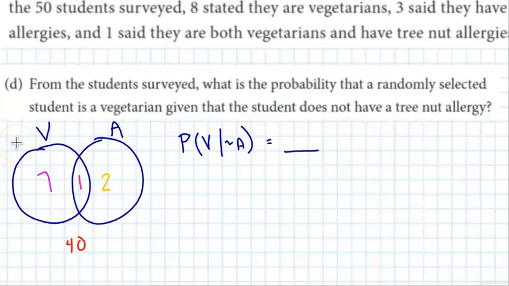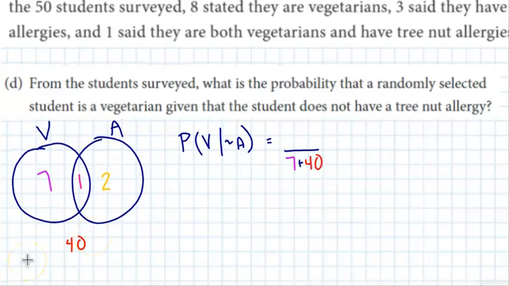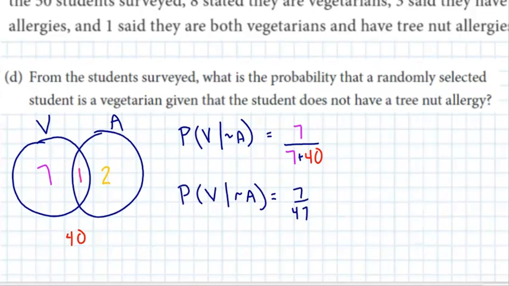So my sample space should include these 7 students here, as well as these 40 right here. Out of those students, only these 7 here are vegetarians. Therefore, the probability that a student is a vegetarian, given that the student does not have a tree allergy, is 7 out of 47. And that's all we have for this one.